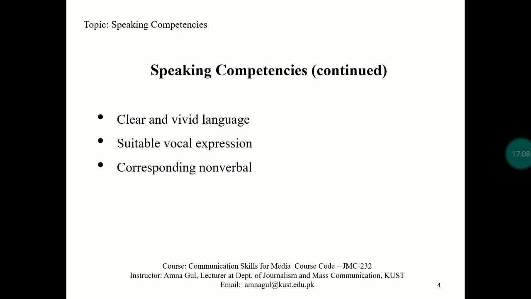Eighth on the list of competencies is to demonstrate nonverbal behavior that supports the verbal message. An advanced speaker has posture, gesture, facial expression, and eye contact that are natural, well developed, and display high levels of poise and confidence.